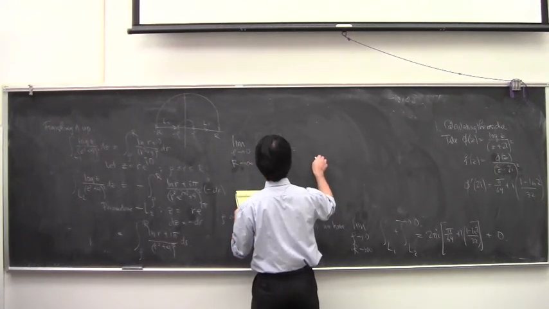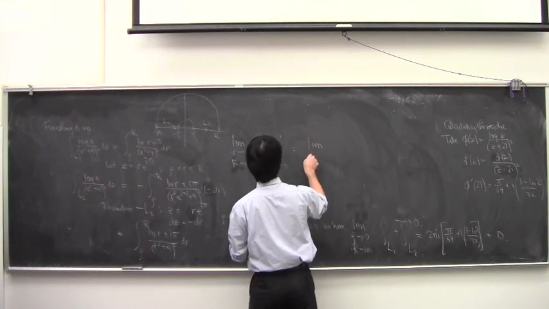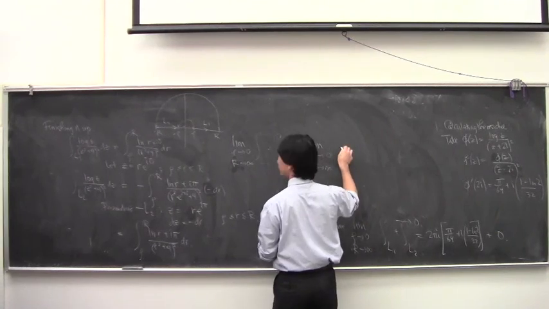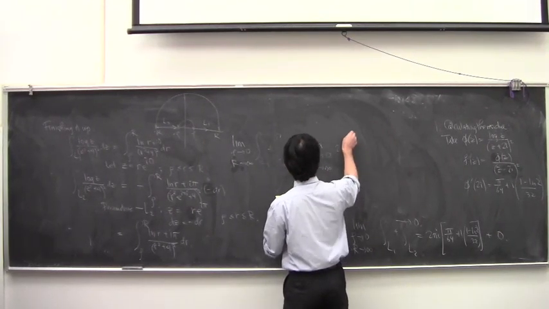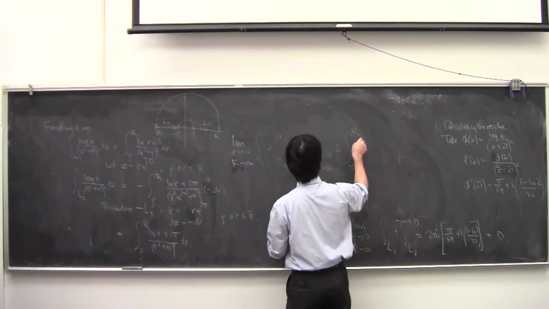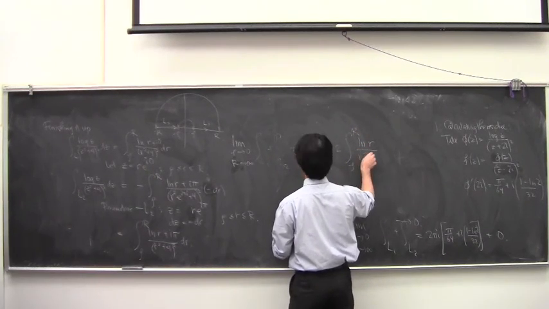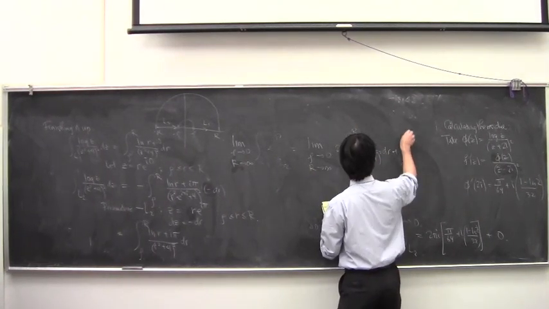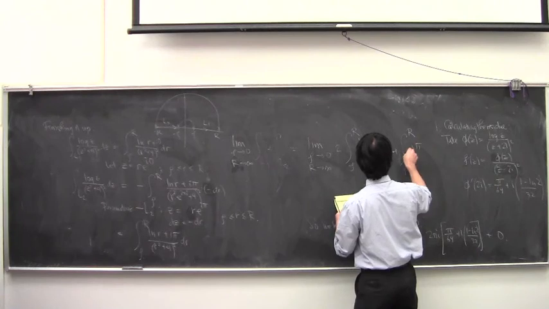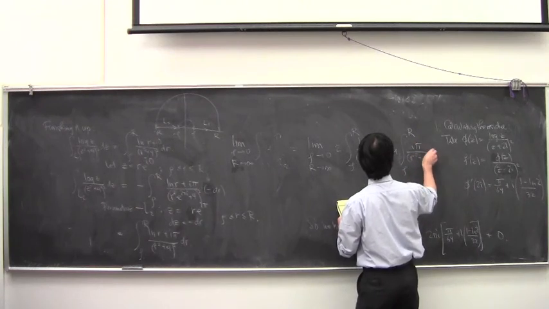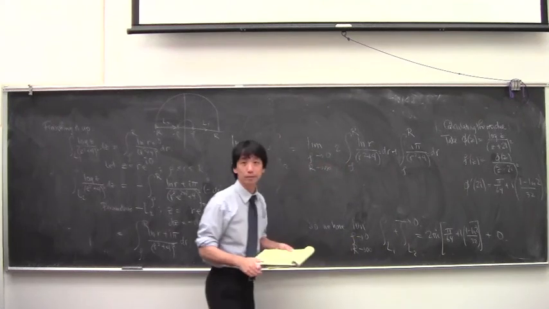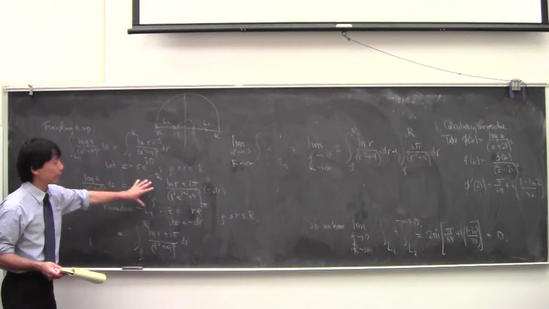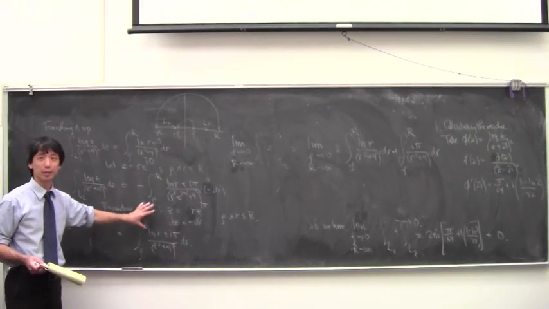That gives us the limit of twice the integral from rho to r of the natural log of r over r squared plus 4 quantity squared dr, plus the integral from rho to r of I pi over r squared plus 4 quantity squared dr. We just evaluated each of those pieces, and now we're just adding them together.